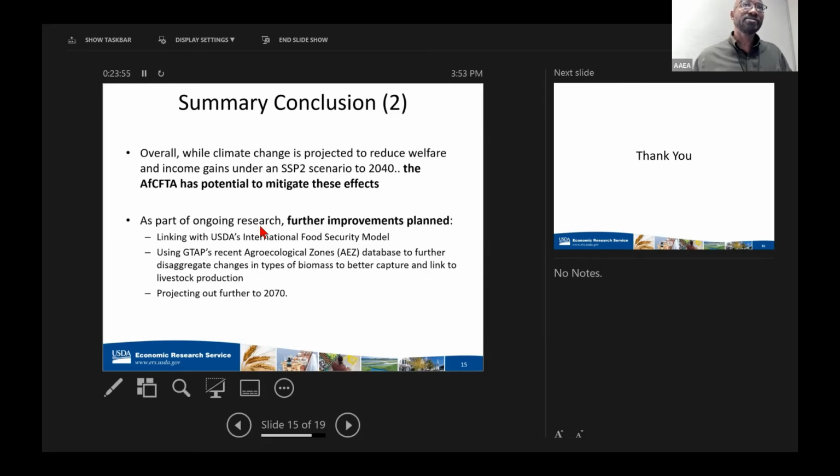Because when you look at the data, you look at different regions, Latin America, North America, Europe, and you look at the level of intra-regional trade, it's relatively high. It goes between 30-something percent to 68% in Europe and North America. But when you come to Africa, the level of intra-African trade is quite low. It's usually between 15 to 18%.